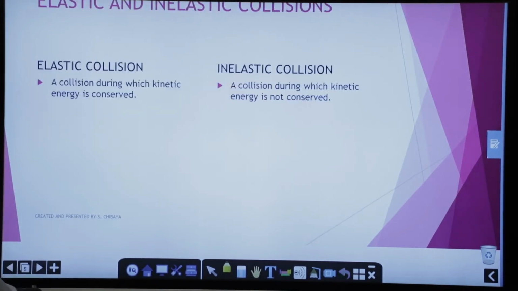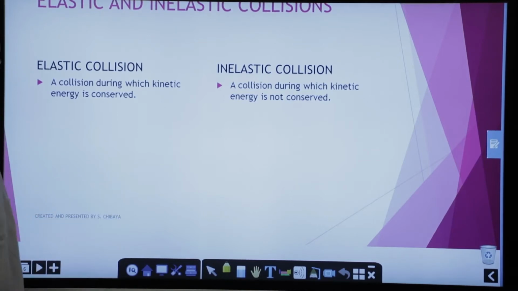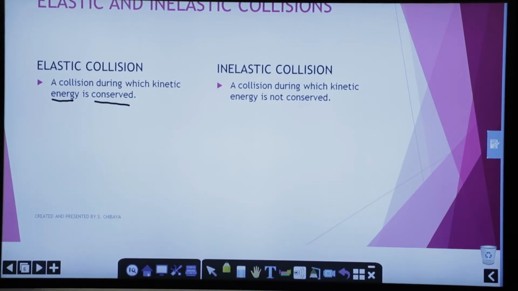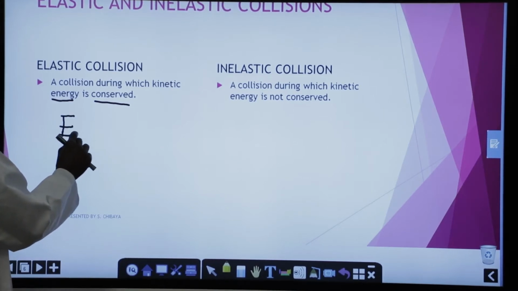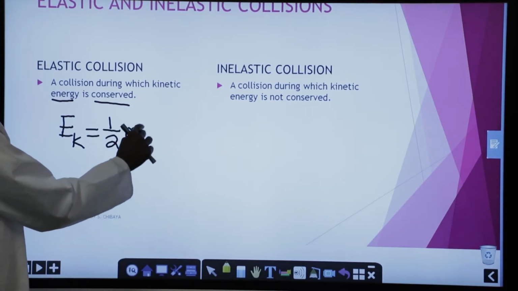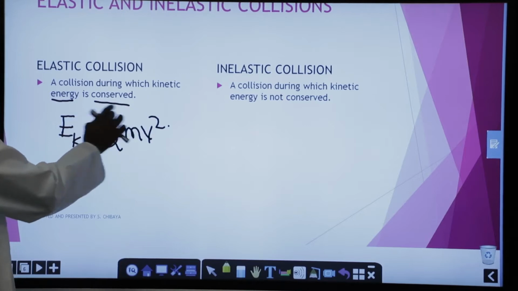Let's move on a little bit further. Something new that we can take a look at today is elastic and inelastic collision. Elastic collision is a collision during which kinetic energy is conserved. I'm sure from the previous grades, you were able to calculate kinetic energy, simply known as EK, which is equal to half mv squared. So in a situation where there is elastic collision, we are saying the kinetic energy is conserved.